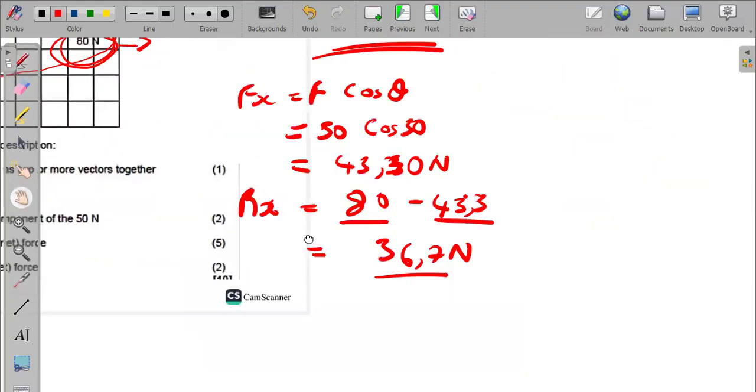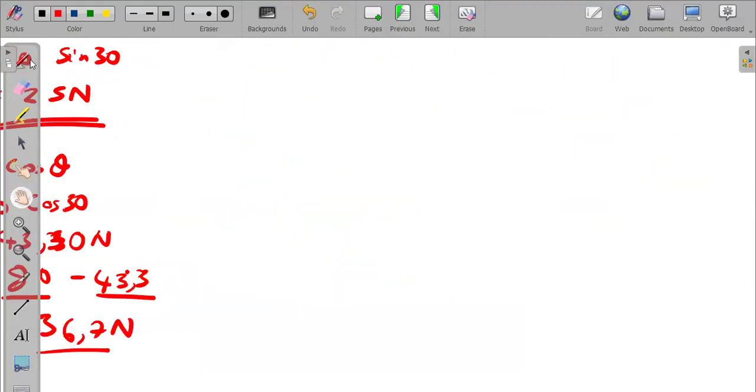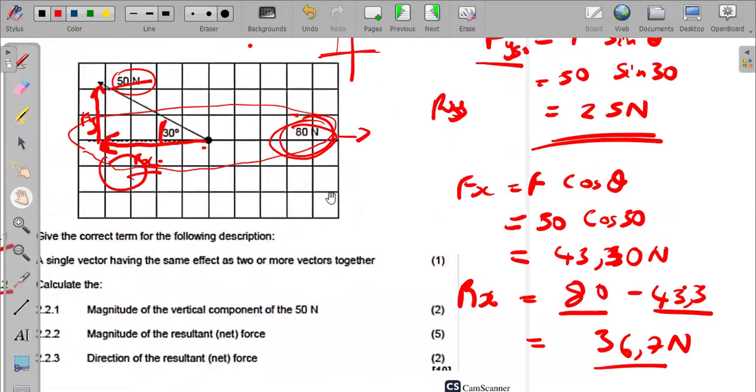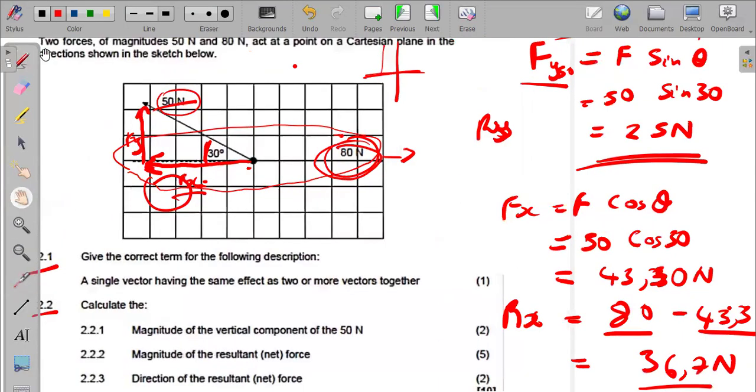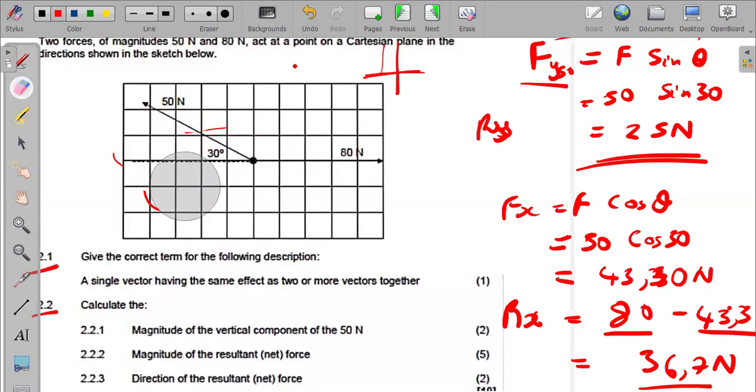The next thing is to find Ry. So we now want Ry. In our case, do we have any other force acting in the vertical dimension except Fy? I'm trying to talk about all the forces that are acting, right?